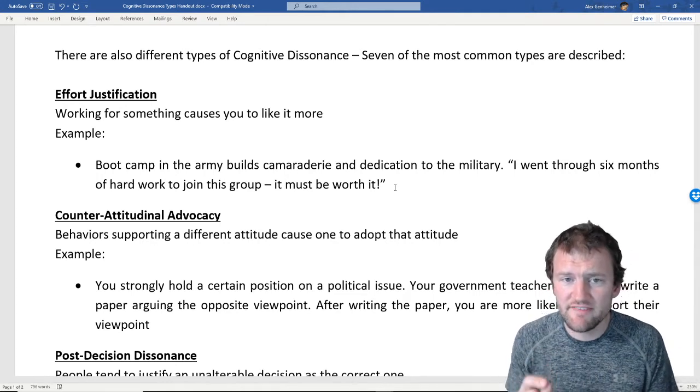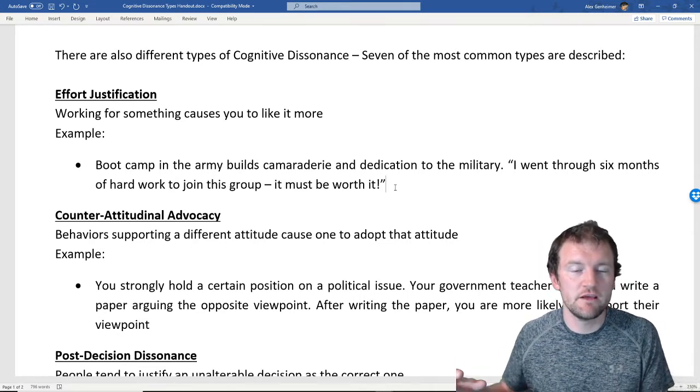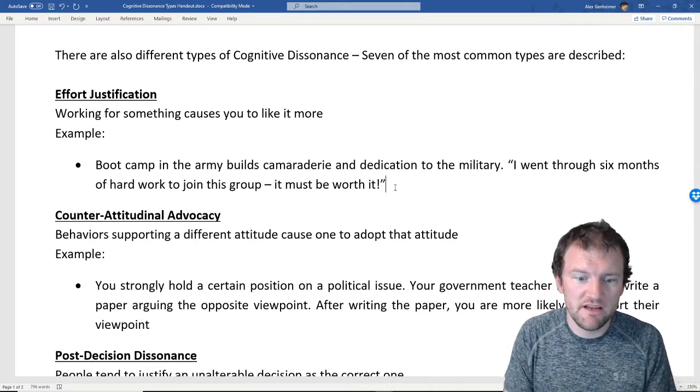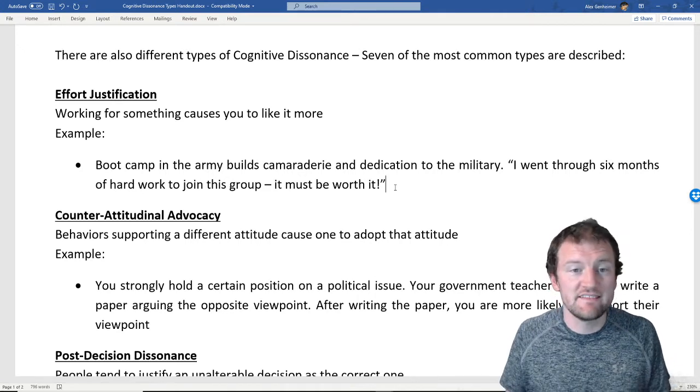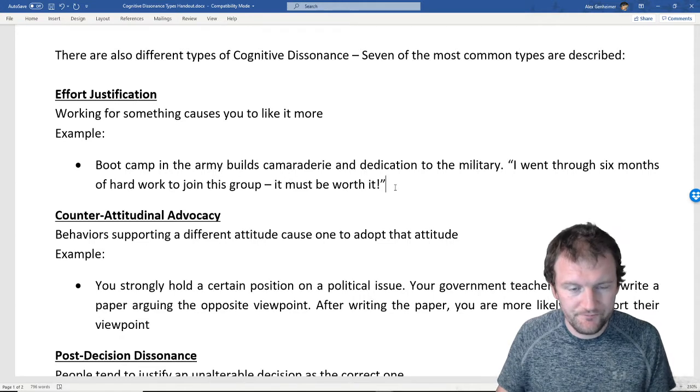But a very important second function of boot camp is to make you buy in to the concept of the army. If you just join the army and that's it, you don't have as much skin in the game.